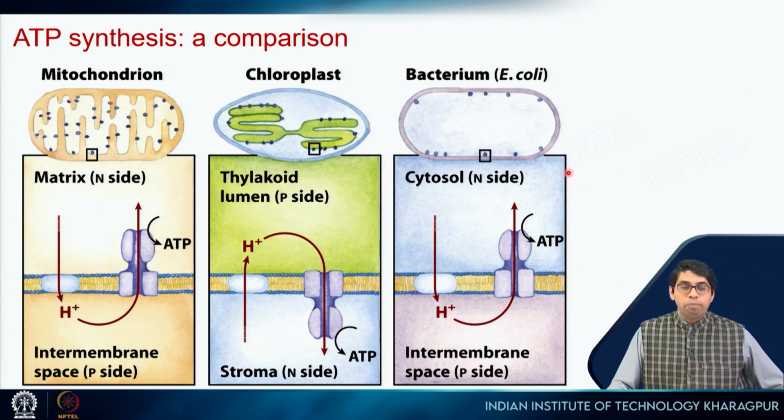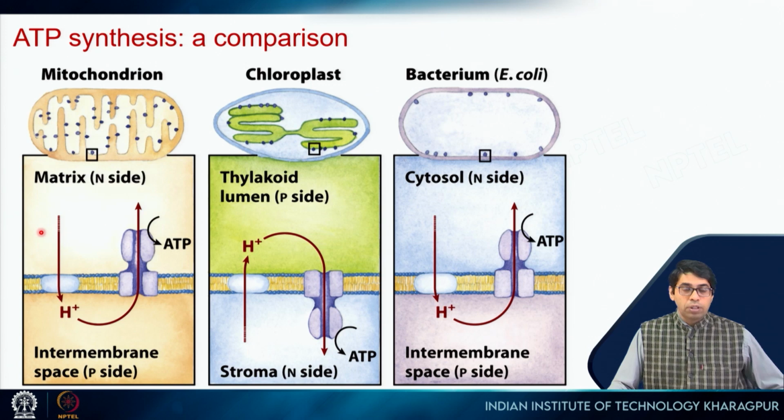Now, we can compare the synthesis of ATP in mitochondria and chloroplast and also in bacteria. This is mitochondria, this is chloroplast in plant cell, plant leaves, and this is a bacteria. Now, this membrane, we have on one side the matrix and the intermembrane space.